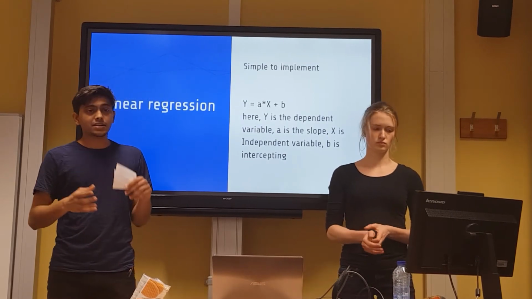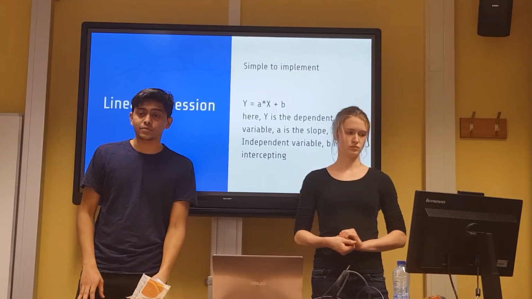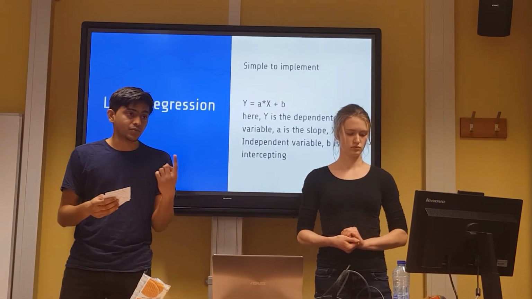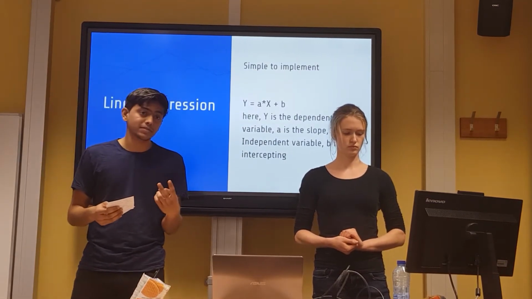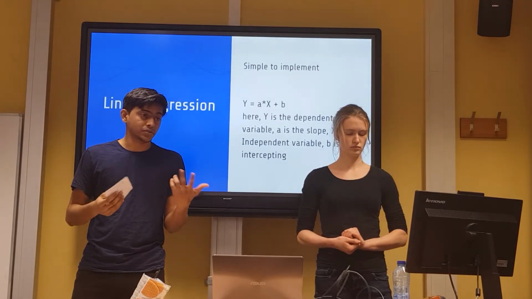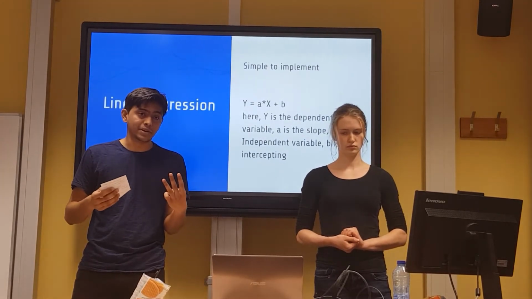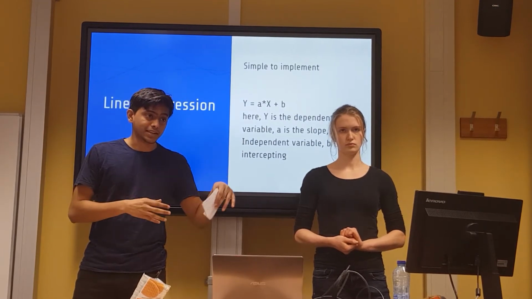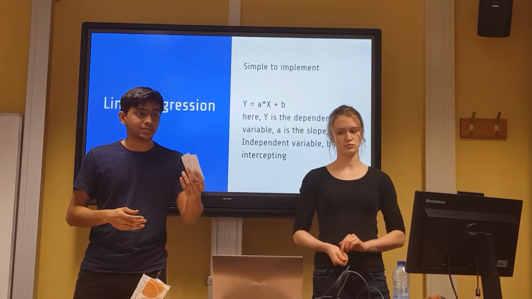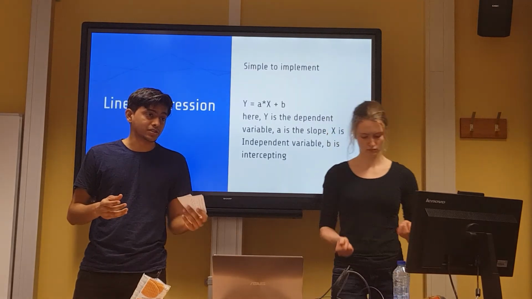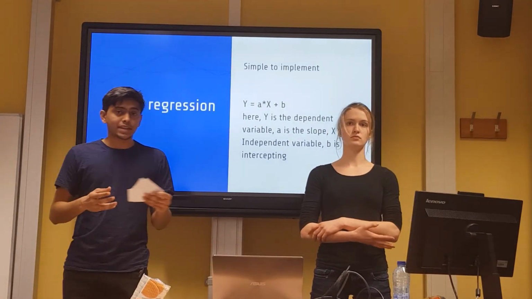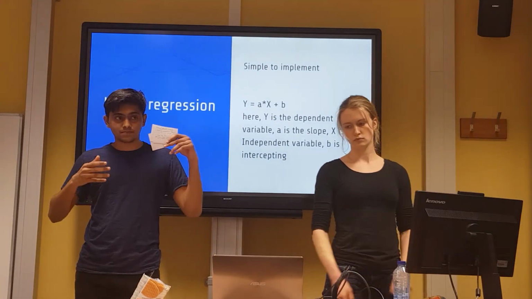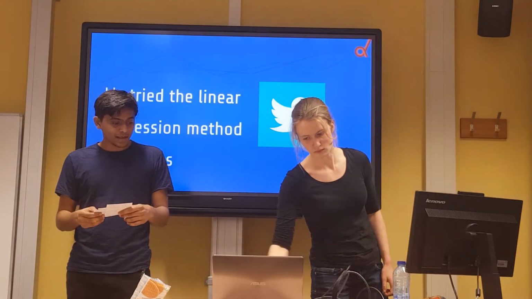To explain linear regression in the simplest terms, imagine one bottle of beer costs €1, 2 bottles of beer would cost €2, 3 bottles would cost €3, and so on and so forth. Given this data, you can assume that 100 bottles of beer would cost €100. That is, in a very simplistic manner, how linear regression would work.